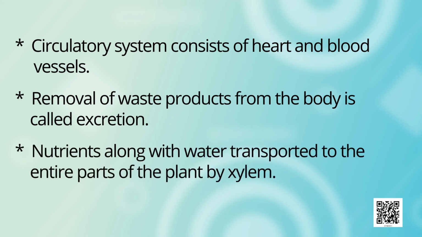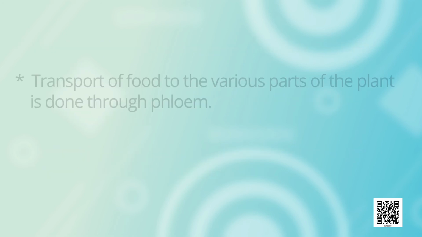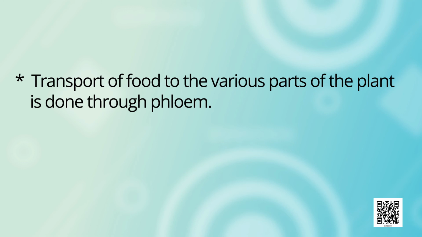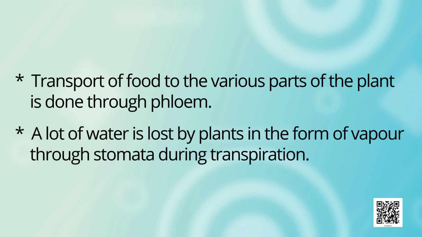Nutrients along with water are transported to the entire plant by xylem. Transport of food to the various parts of the plant is done through phloem. A lot of water is lost by plants in the form of vapors through stomata during transpiration.